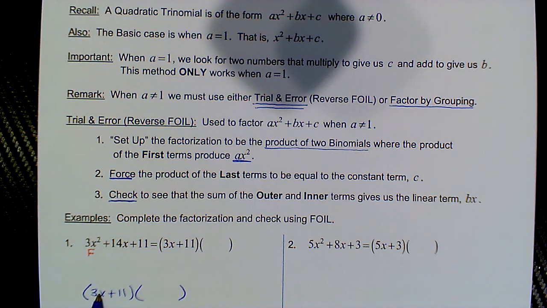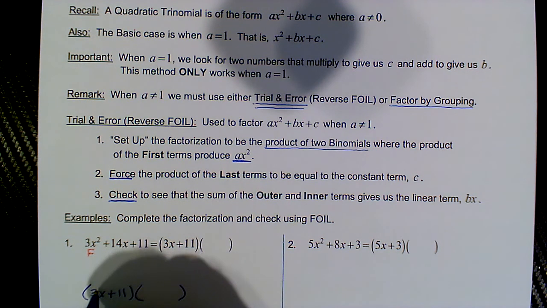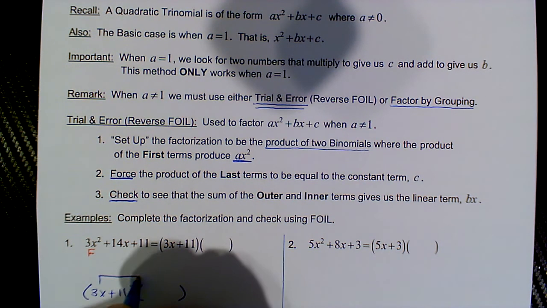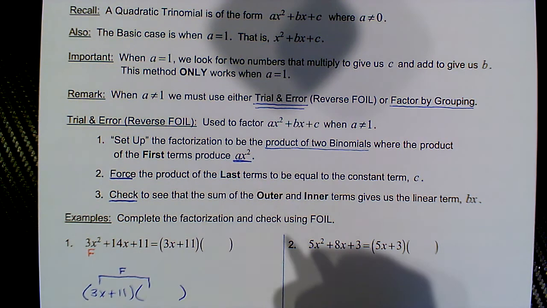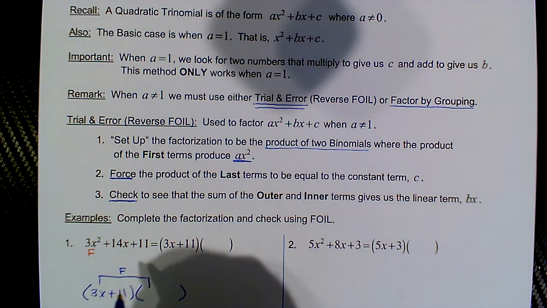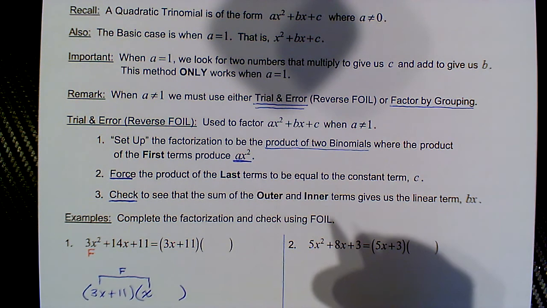In order for this first product to give us 3x squared, we don't really have a choice here. If this is 3x, then for this product, which is again the product of the first in FOIL, to give us 3x squared, our only choice is x.